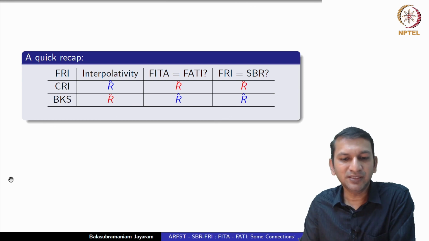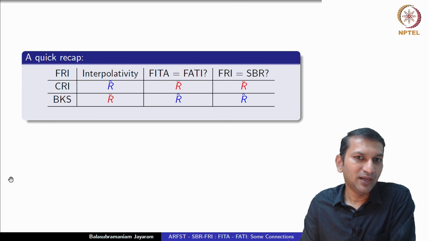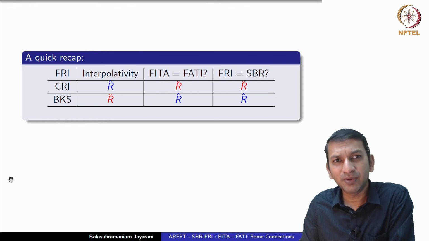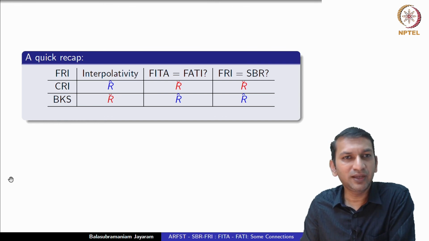In the case of BKS, the roles are reversed. It is R check which ensures interpolativity if it were a solution of the corresponding fuzzy relational equation. However, it is R cap which ensures that FITA is equal to FATI and allows us to look at BKS itself as a similarity-based reasoning scheme.